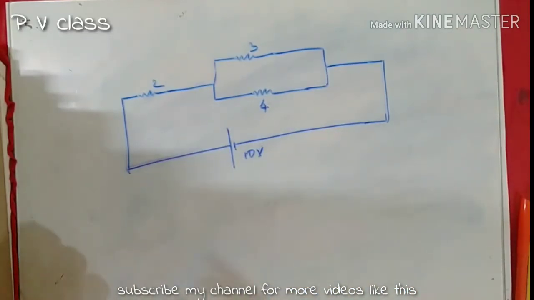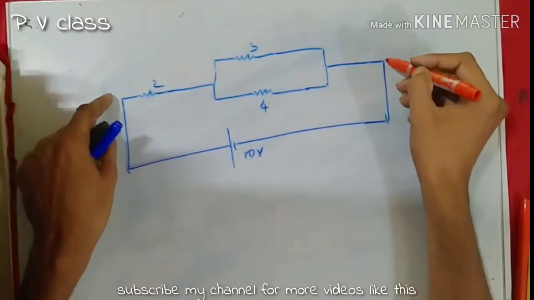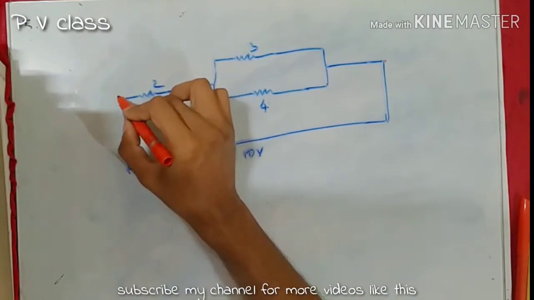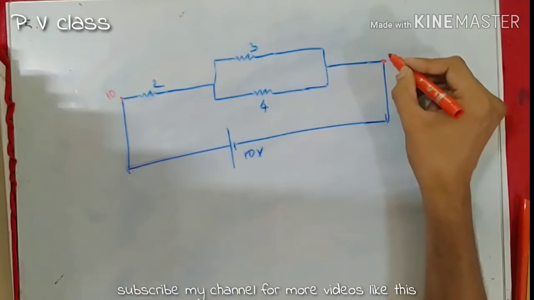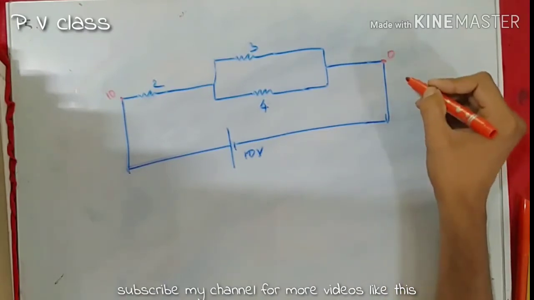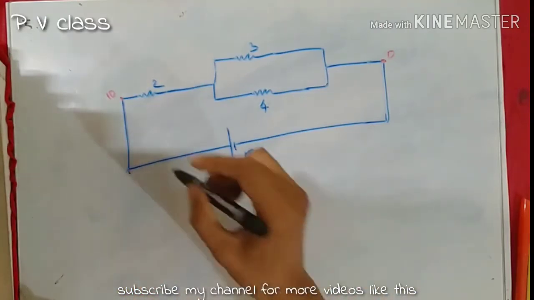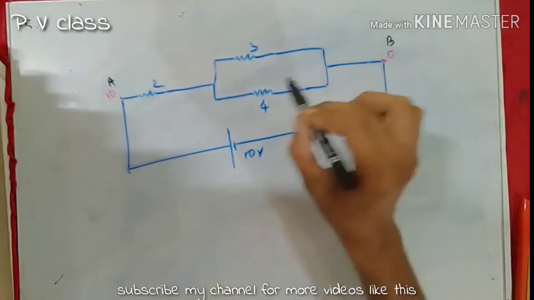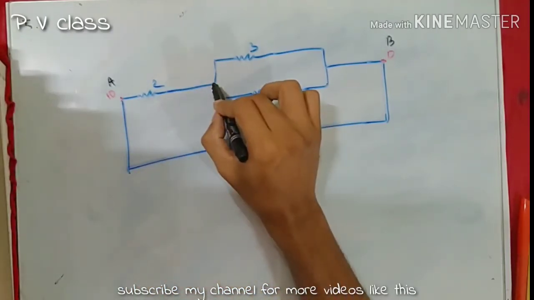Let's analyze the situation. The 10-volt battery is giving a potential difference across these two terminals. Clear? Therefore, this terminal has a potential of 10 and this should have a potential of 0. To make it a little more user friendly, let's call this point A and let's call this point B. If this potential is A, will this potential be A itself?